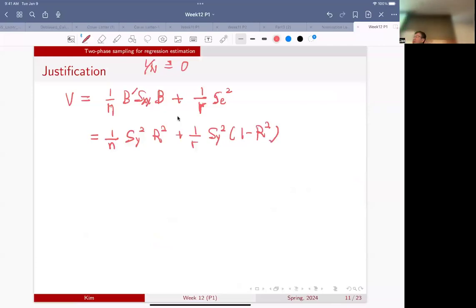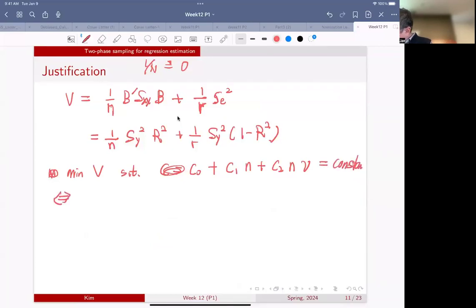You can use r square to express this component. Okay, and then minimize V subject to C equal C0 plus C1 n plus C2 n nu equal constant.